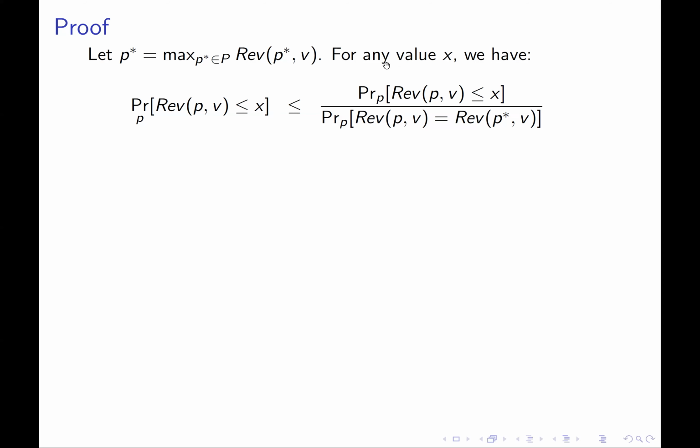The reason, by the way, that I want to do this seemingly stupid manipulation is that if you recall the probability that the exponential mechanism outputs some particular price p, it has this annoying normalization term, right?